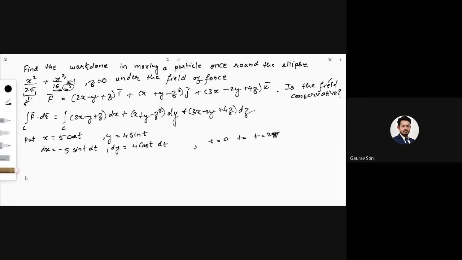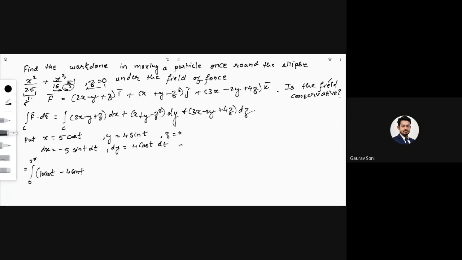Okay, let me just write it down below this so that the space can be utilized later. So this is equal to integral 0 to 2 pi, 10 cos t minus 4 sin t. Note that the value of z is already given 0. So z is equal to 0.